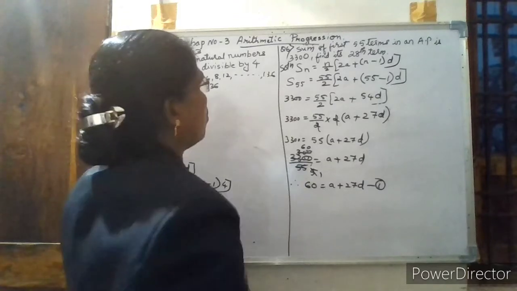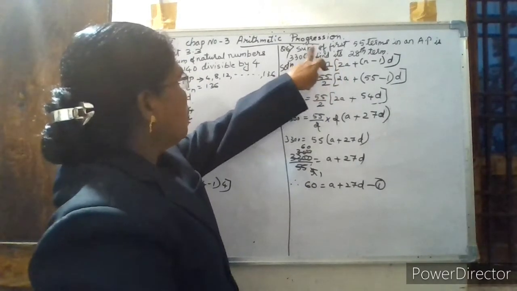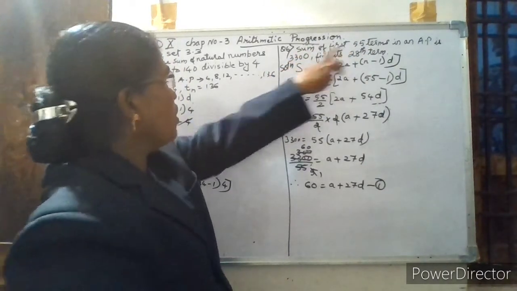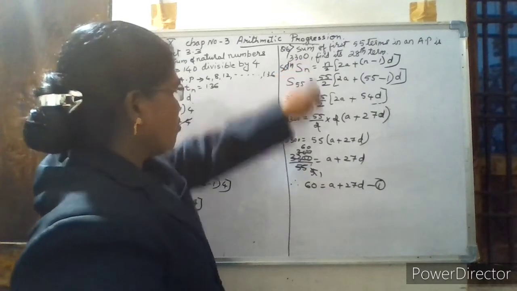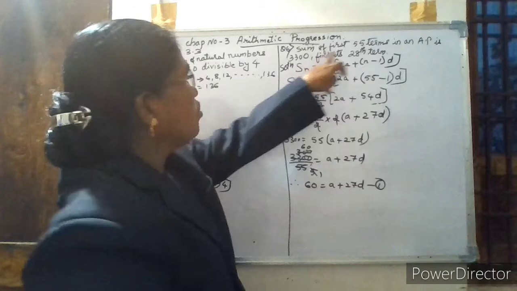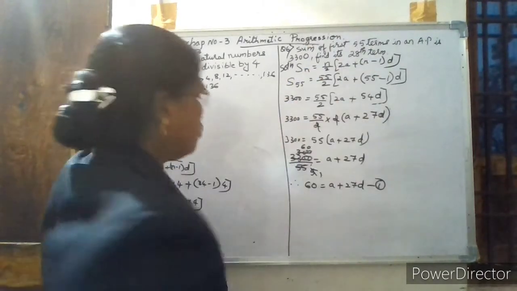Now, the sum of 55 terms is equal to 3300, and from this we got this equation. Now go to the next part of the question, find its 28th term. So the nth term formula we have to take.